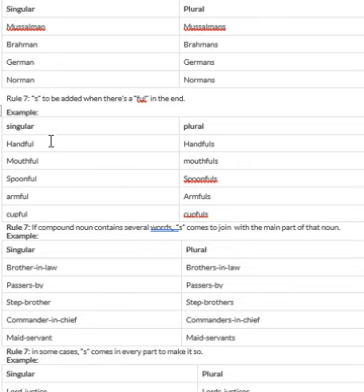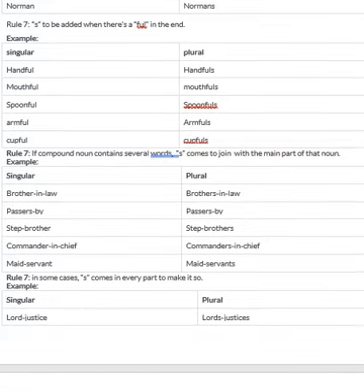If the word ends with ful, we will have to add only s to make it plural. If the word consists of several words, like brother-in-law, you will have to put s in the main part of the noun.